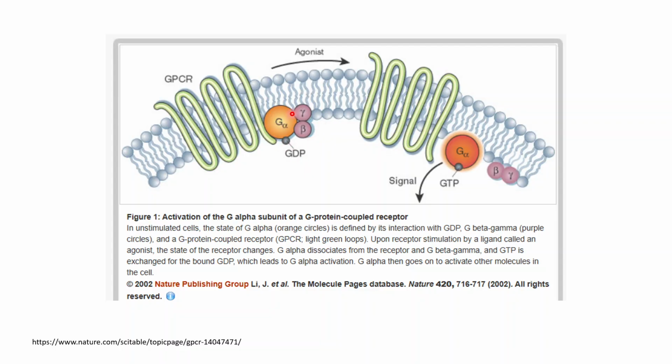And that leads to alpha and then beta gamma separating, and then this can lead to whatever changes. So in the case of cardiac muscle, it can lead to ionic flux changes, and different types of signaling cascades downstream of this, right? There are a lot of secondary messengers that are then regulated. Transcription factors can go into the nucleus and affect changes, right? So that's how the GPCR works.